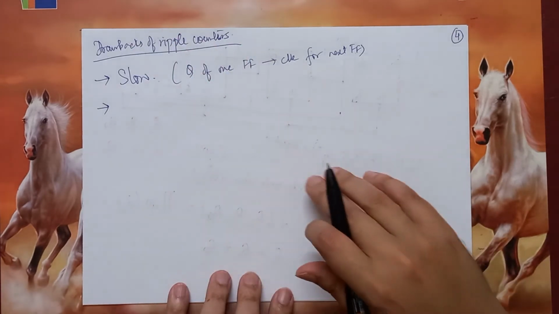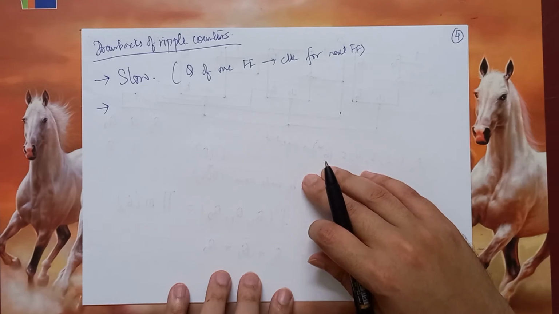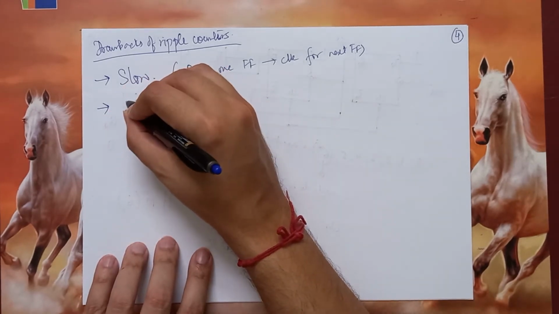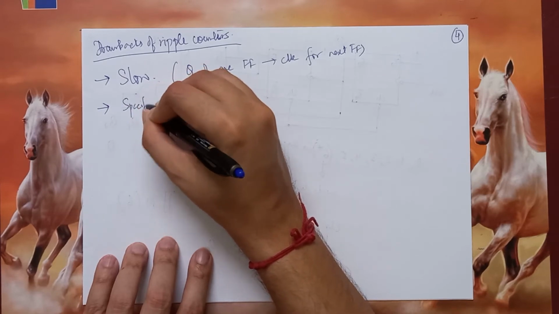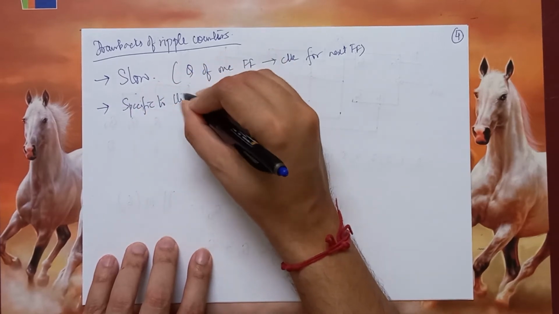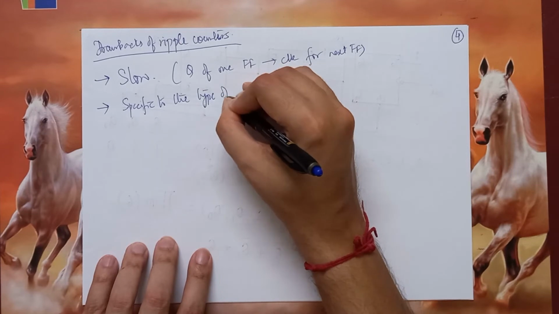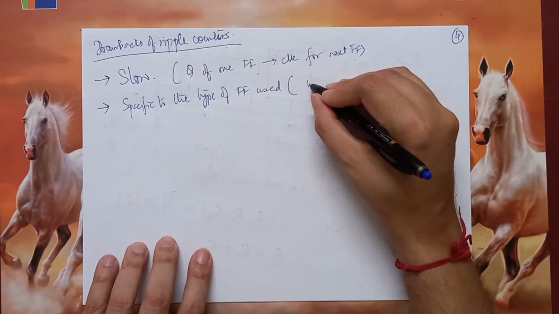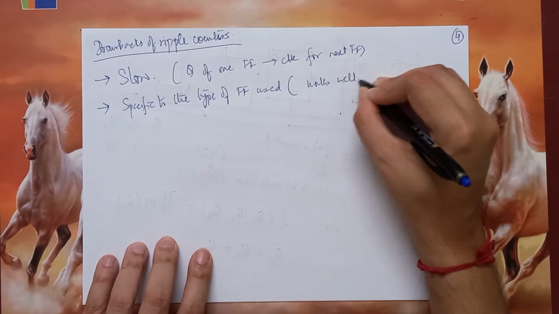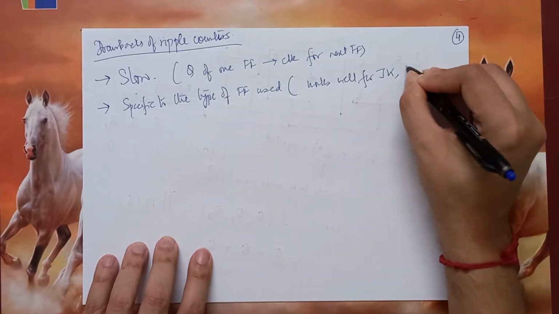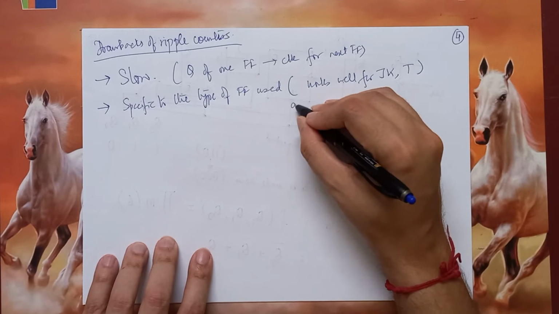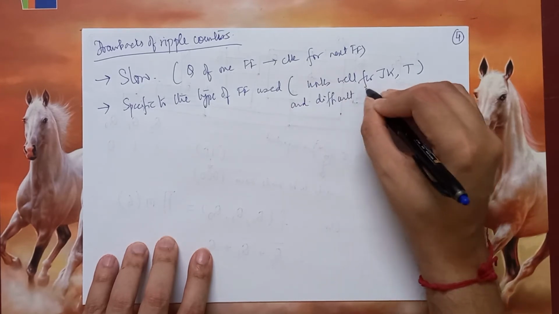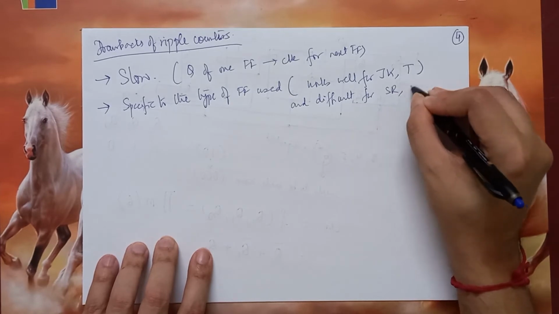So ripple counters you cannot make easily with SR and D flip-flops. So we'll say they are specific to the type of flip-flop used. In brackets, works well for JK and T, and difficult for SR and D.